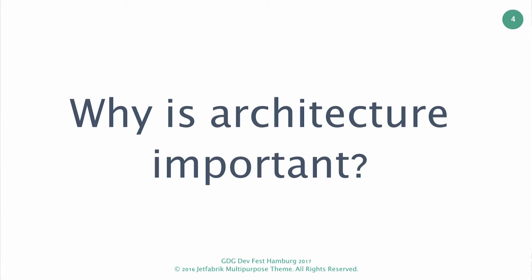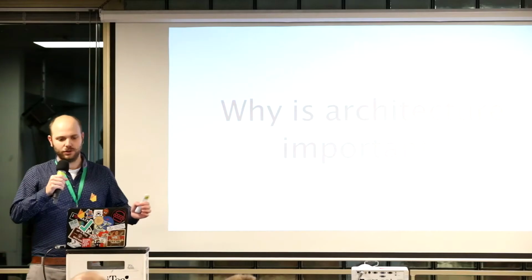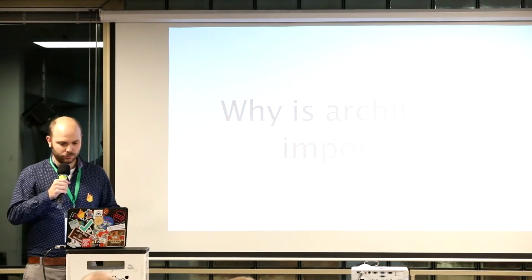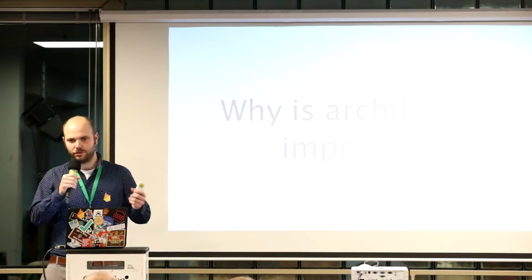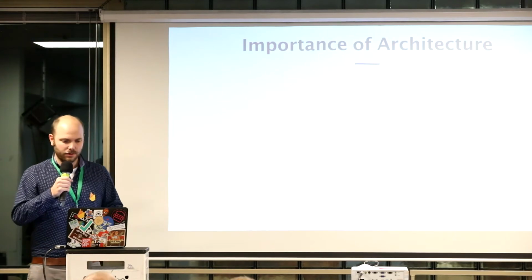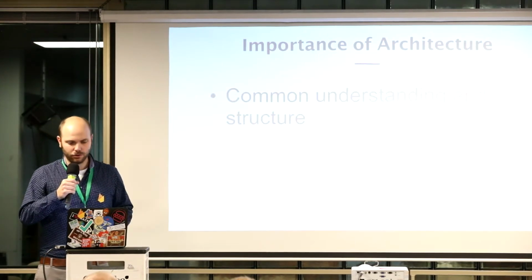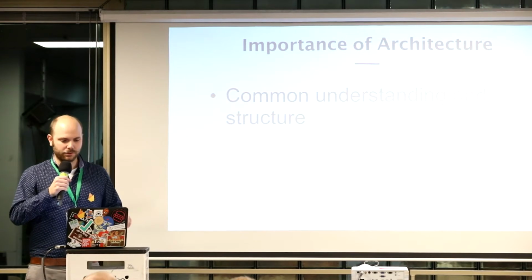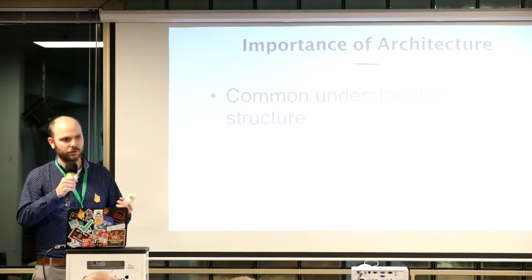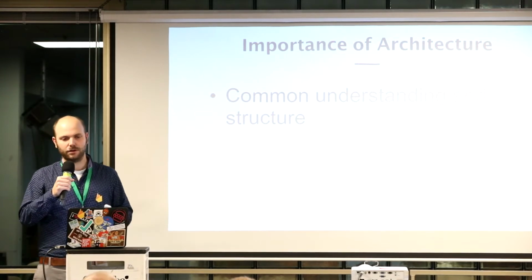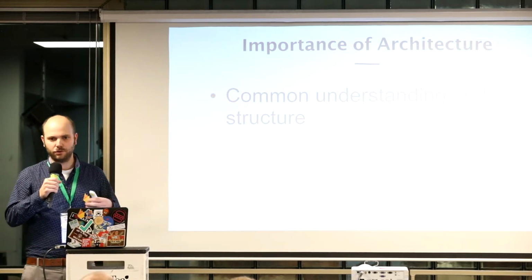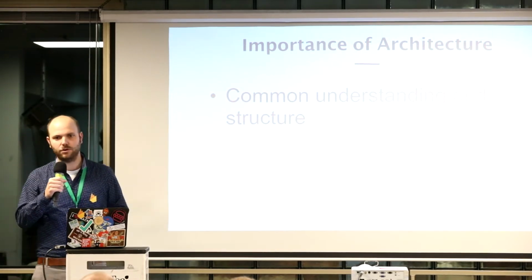Okay, so why is architecture important? We all know that. As developers, we are all the time trying to write our code with a structure or with a certain architecture. There are a lot of different approaches to that problem. Some common patterns that you all know. But before the patterns, the importance of architecture is basically, as I see it, that all your developers or all the development stakeholders have a common understanding of what's going on, right?